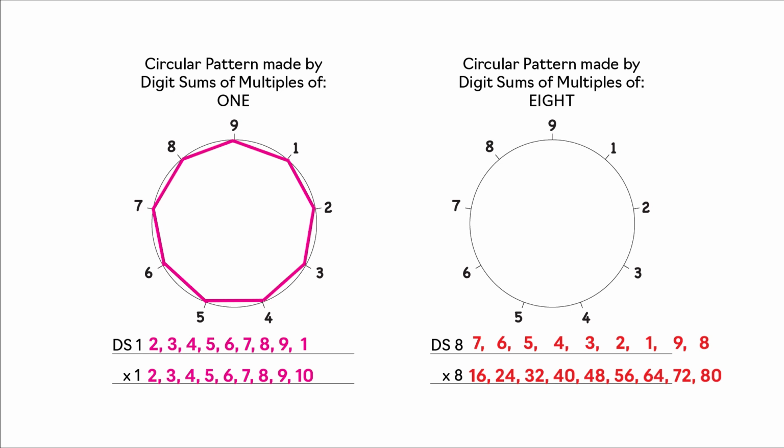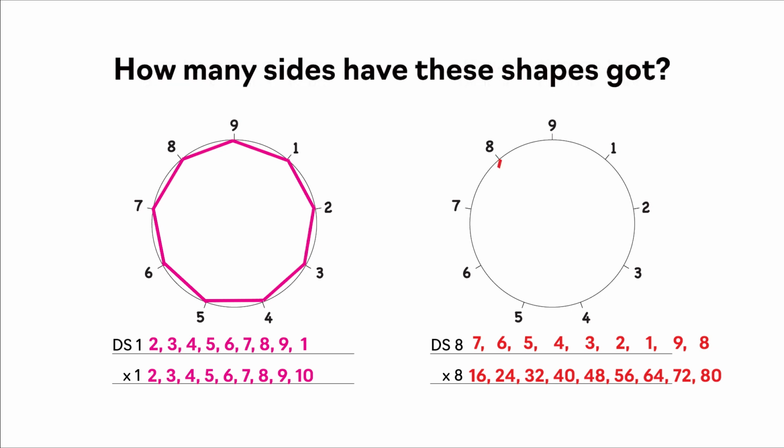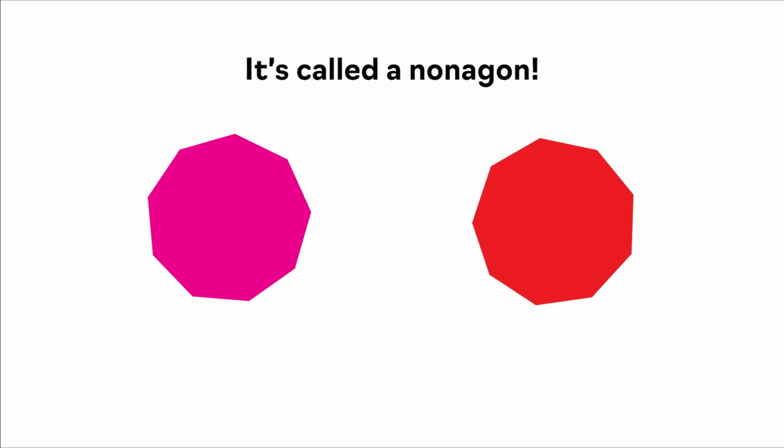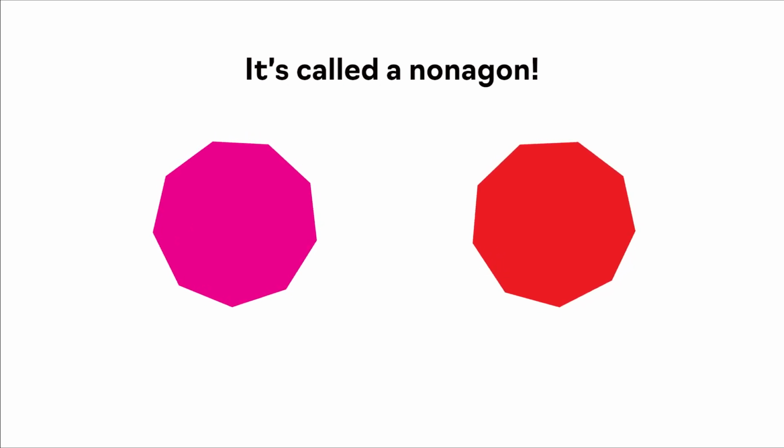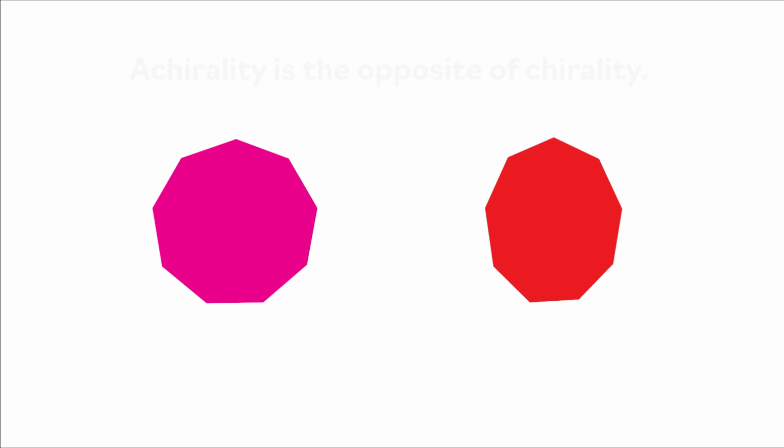Great game! How many sides have these shapes got? 9 in total? That's a lot. That's why it's called a nonagon. The name tells us how it was drawn.